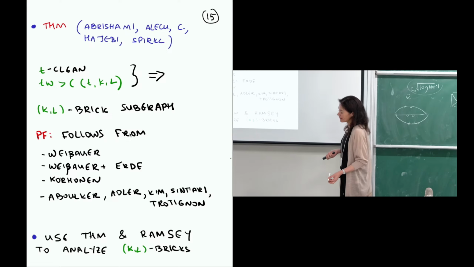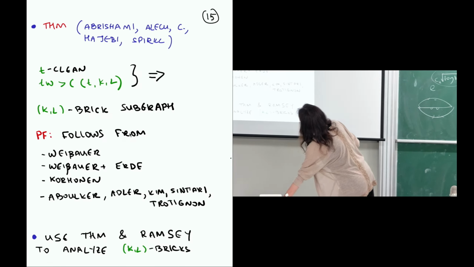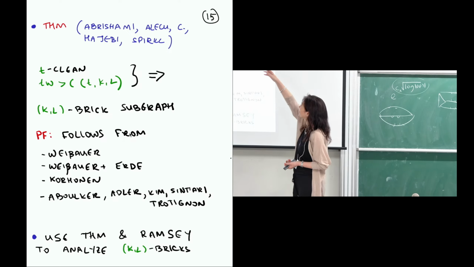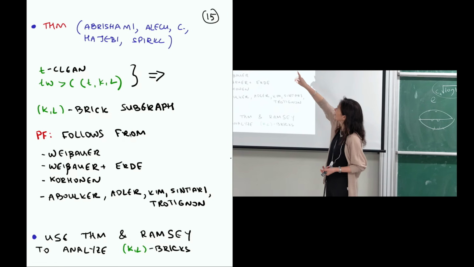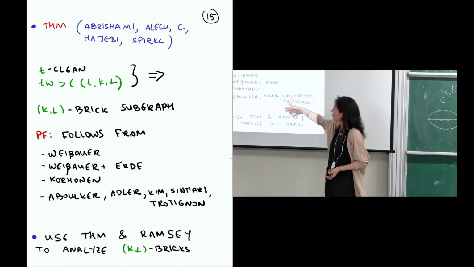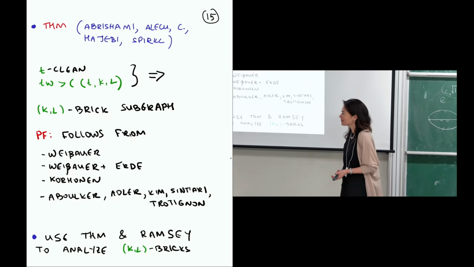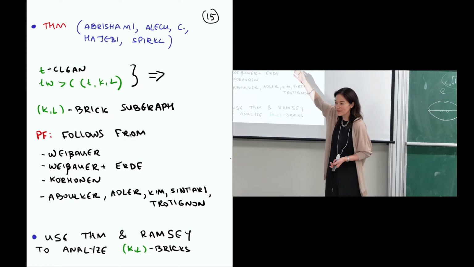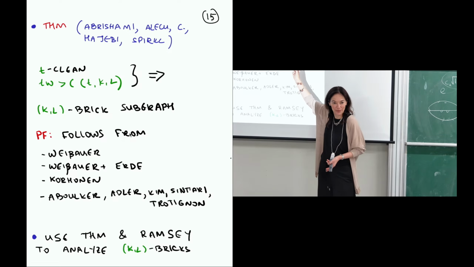So it's a theorem that we proved with Daribi, Chudnovsky, Baldwin, Hajebi, and Spirkl, but it really follows from a lot of things other people proved. So if you're T-clean and you have large treewidth, then you contain a KL brick.